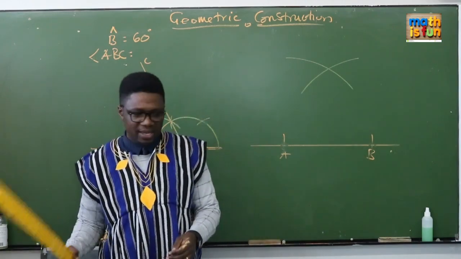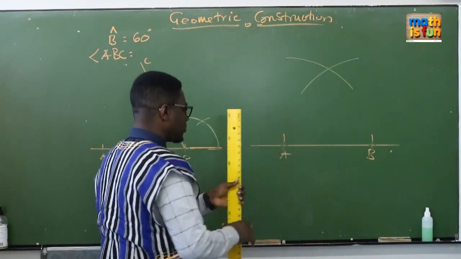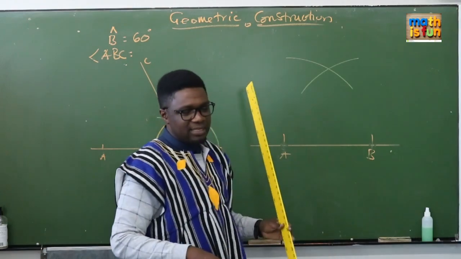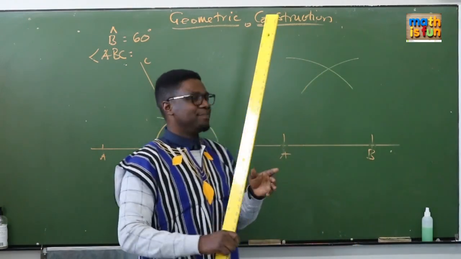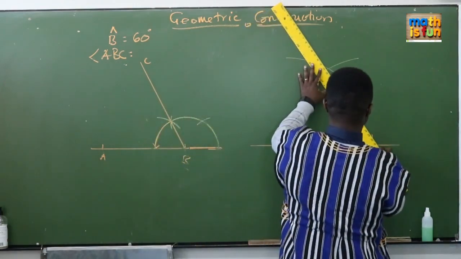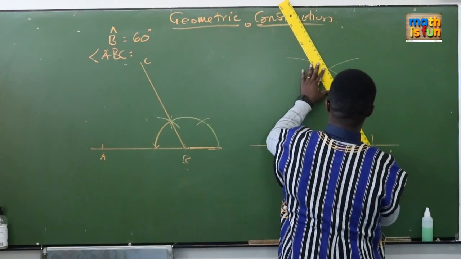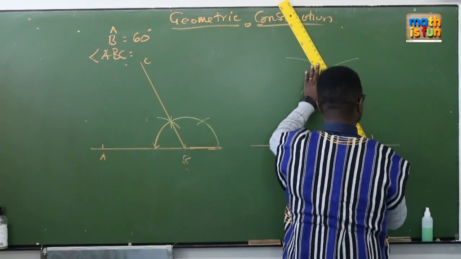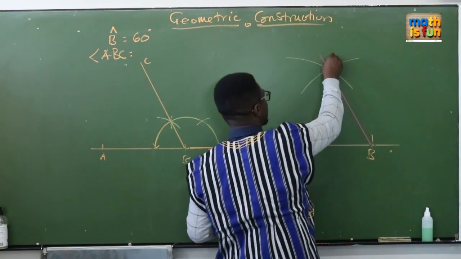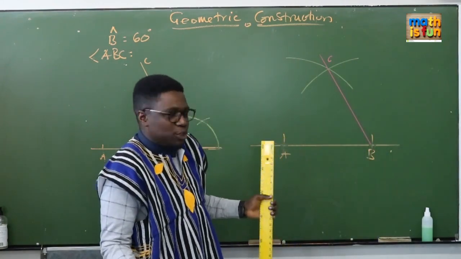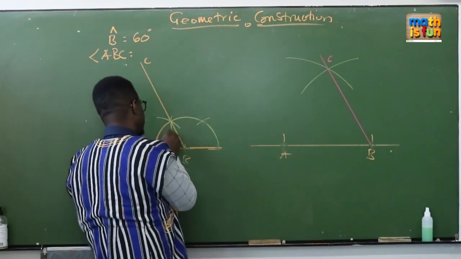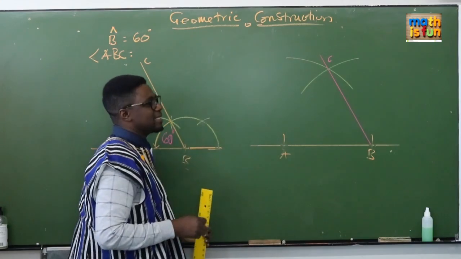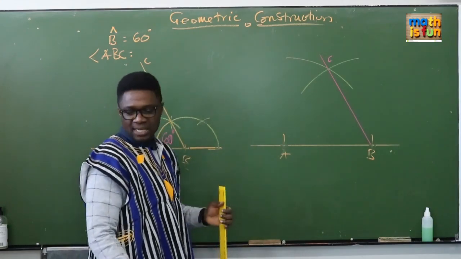So let me take my ruler again, just to join. Now my point C, which is this one, I bring it all the way down to point B. Okay, this is my point C. So the same construction of 60 degrees here, we constructed 60 degrees here, also we've constructed 60 degrees.